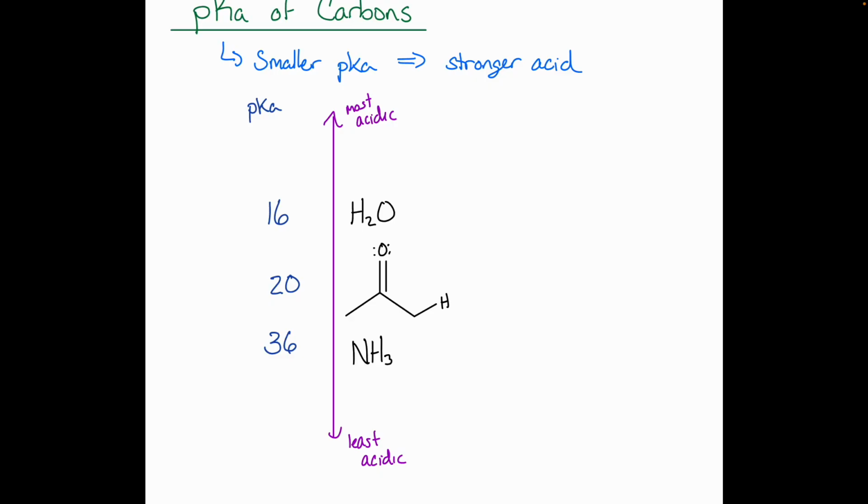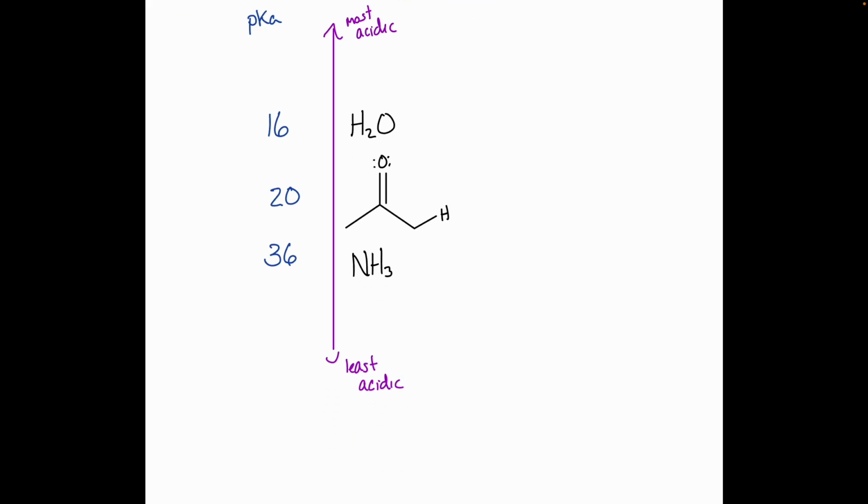All right, so it's easier to remove a hydrogen from an alpha carbon than it is from even a nitrogen. Right? And to put this into perspective here, okay, a typical alkane carbon.